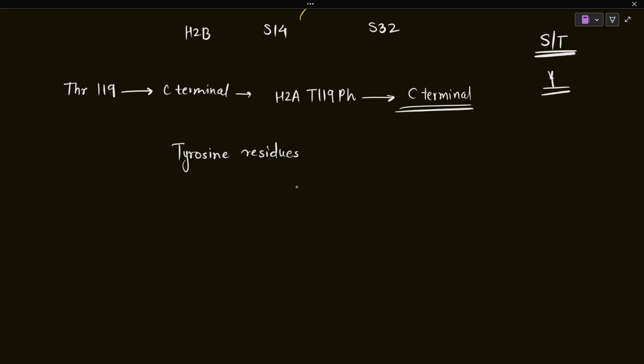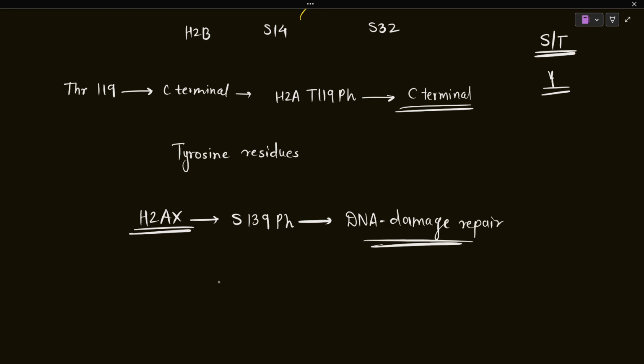There is also an important example of phosphorylation, and that is H2AX. H2AX is a variant of the H2A protein. This variant has a serine residue at the 139th position, which is phosphorylated during DNA damage repair. So you can say that this is a marker of DNA damage repair. Whenever there is DNA damage repair, the 139th residue of the H2AX protein is phosphorylated.